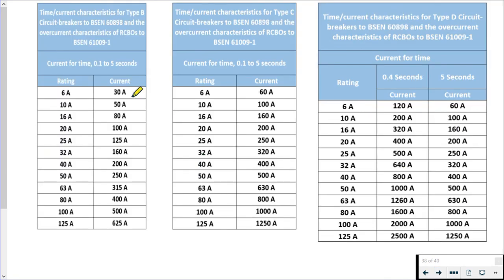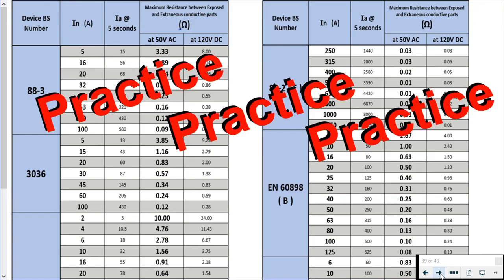Okay, you could do the same for circuit breakers. Go down your column for the devices that you normally use and make up your own tables. Okay, remember, practice, practice, practice. That's how you get good at these types of calculations.